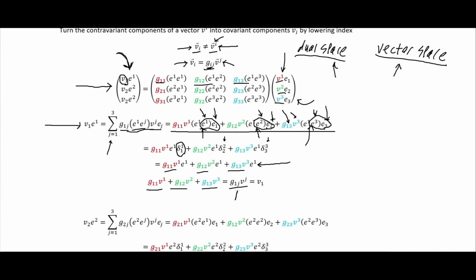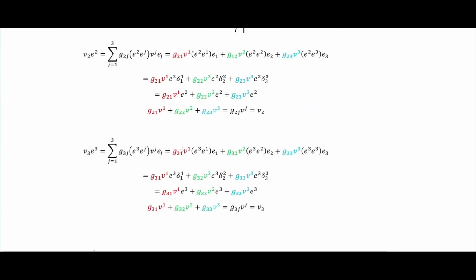See, we're summing over the two j's here. These numbers added together give us this number, and that is the first component here of our covariant vector. Then I just did the same thing here with the second component and the third component.